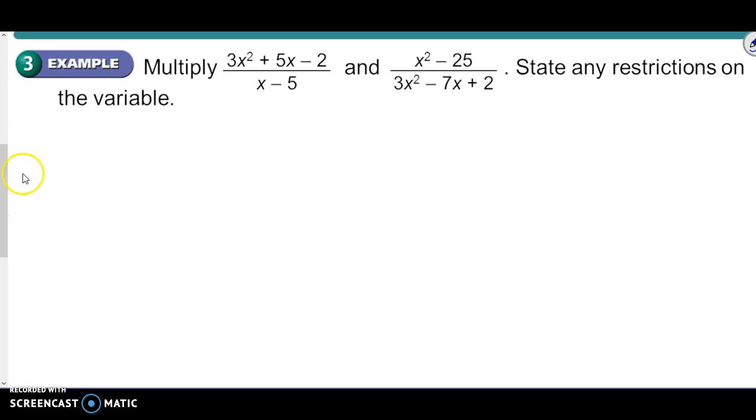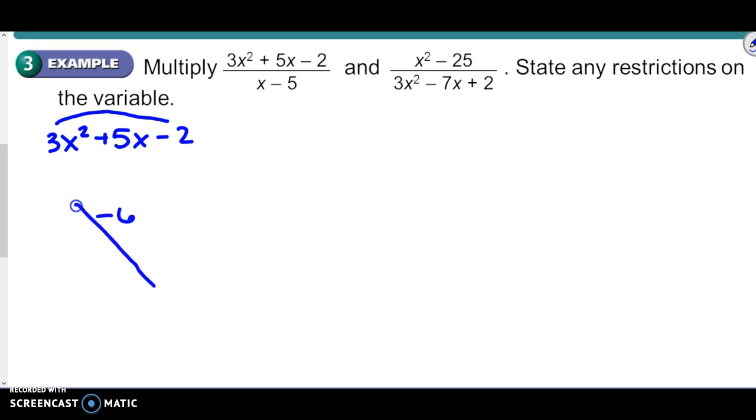Alright. So looking at my first fraction, my first rational function, I'm looking at the numerator. We have 3x squared plus 5x minus 2. Multiply your first and last terms together, and that's going to give you negative 6. And then in the bottom of the X, you are going to put this number, which in this case is 5. What are factors of negative 6 that will give you a 5?